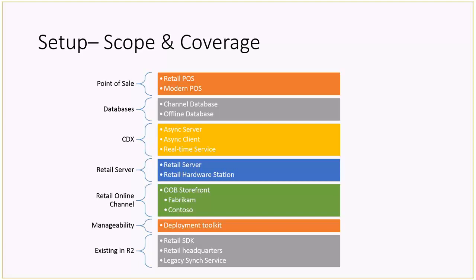Now, all of this that I talked about makes the assumption that you already have AOS and AX and the AX databases already installed in your environment. You can look up specific documentation on how to install AX and AOS and the AX databases.